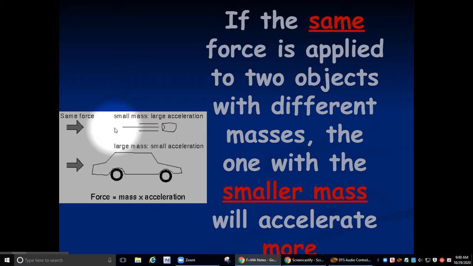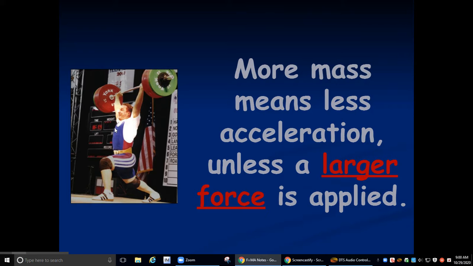If we use the same force on different masses, the accelerations will be different. And we will learn how to calculate these things mathematically. More mass means less acceleration unless a larger force is applied. Weightlifters know that when they put more and more plates on the bar, they're going to have to apply more and more force in order to get the bar to move from the floor to above their head.